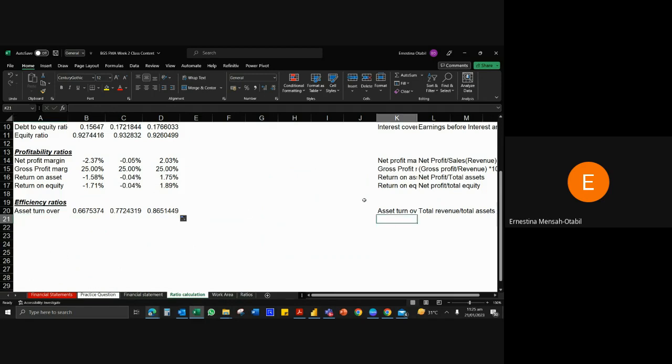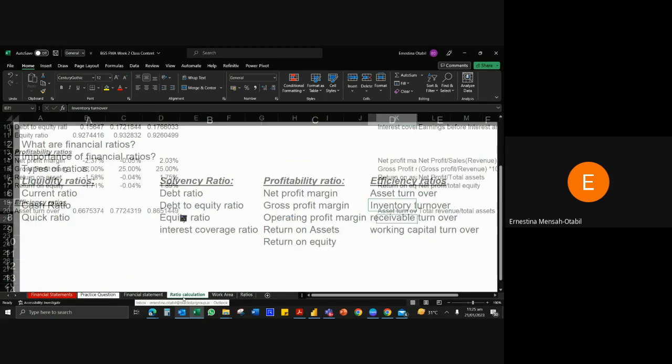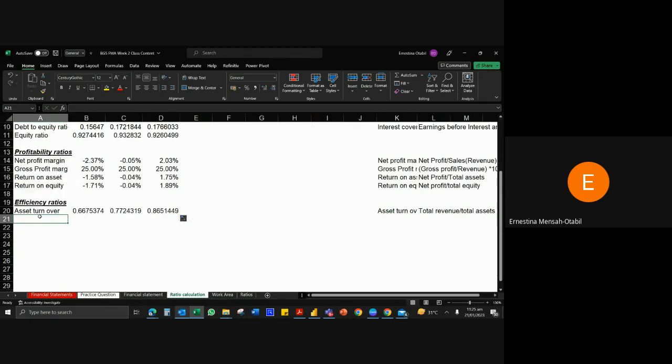Let me check the next one. The next one is the inventory turnover. What is inventory turnover?